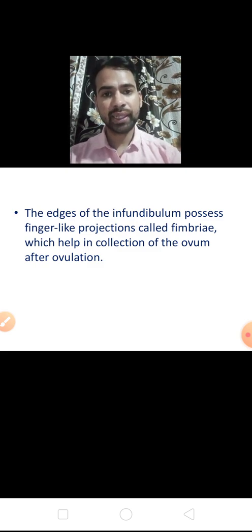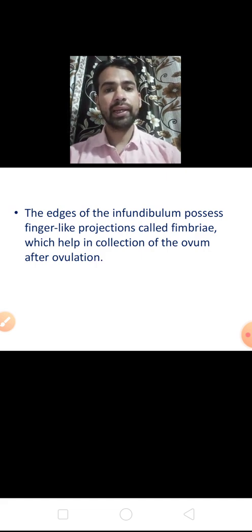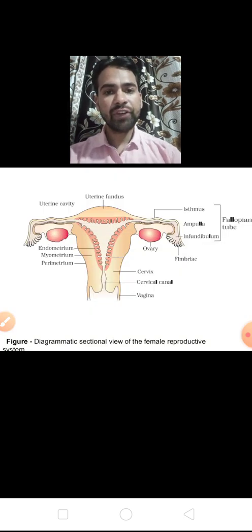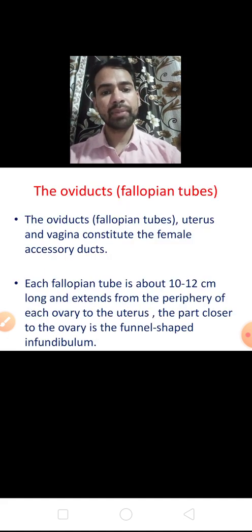I repeat once again, the oviduct is a part of the female reproductive system. There are two oviducts or fallopian tubes found in the female reproductive system, each containing three parts, that is infundibulum, ampulla and isthmus.